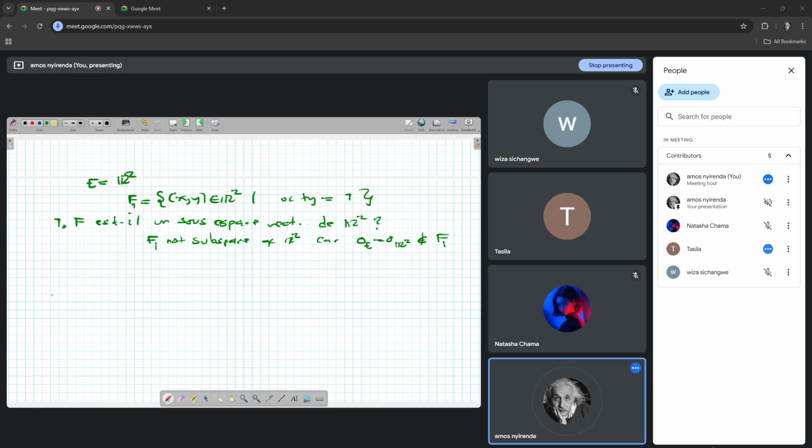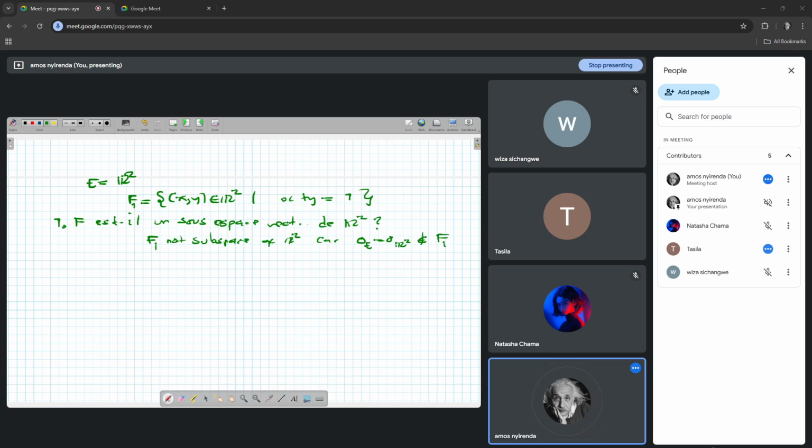The takeaway here is that if some set F is a sous-espace vectoriel of the parent set E, automatically the zero element of E has to be part of F. If the first condition is violated, we cannot continue checking the other conditions.